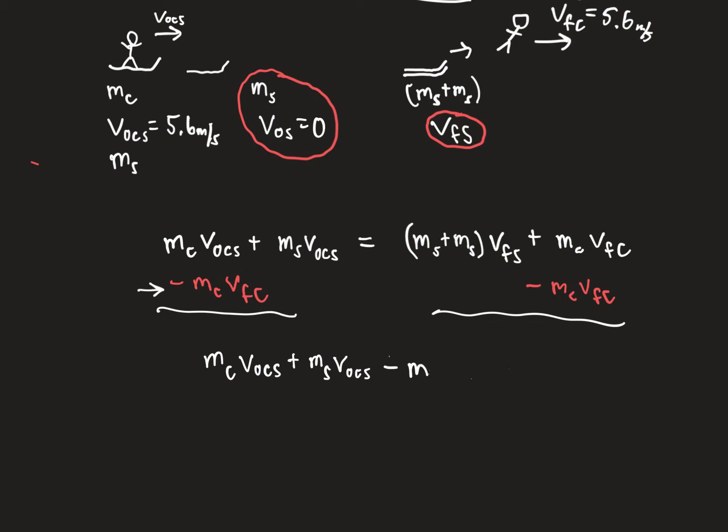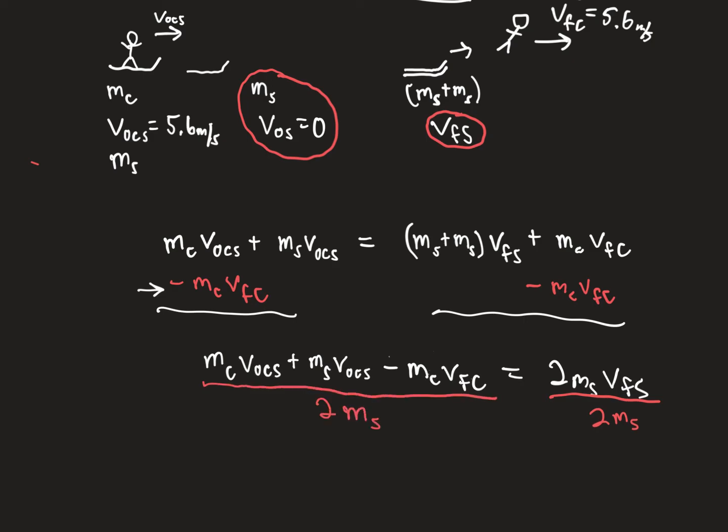So minus the mass of the child times the velocity final of the child. That's got to be equal to 2 M sled times V final of the sled. Then what do I do next to get V final of the sled by itself? Divide both sides by 2 mass of the sled.